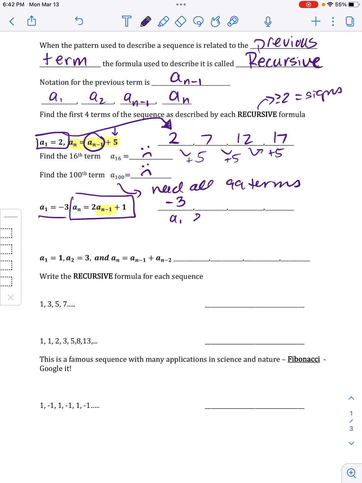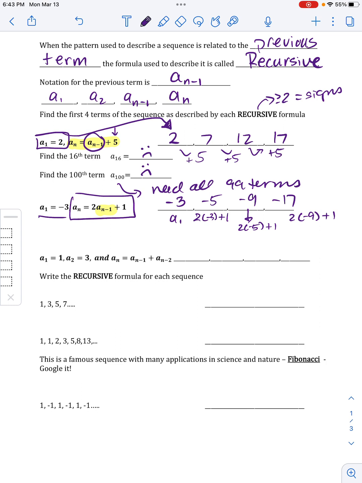So I'm going to take 2 times the previous term and then add 1. And then here, I'll take 2 times the previous term and add 1, and so on. So those are easy to generate, but again, hard to get something that's farther out.